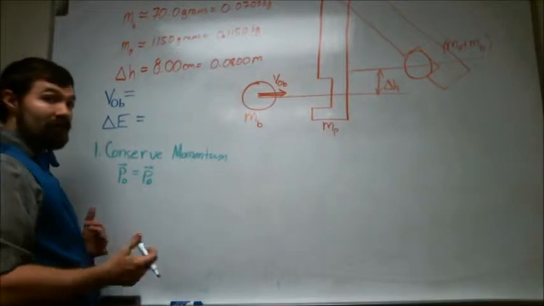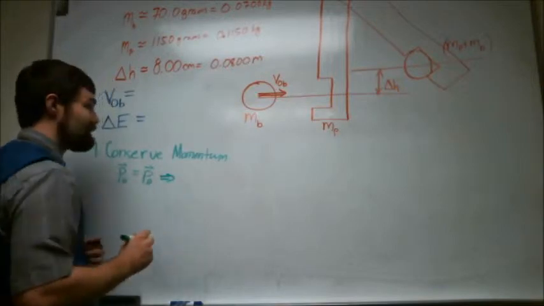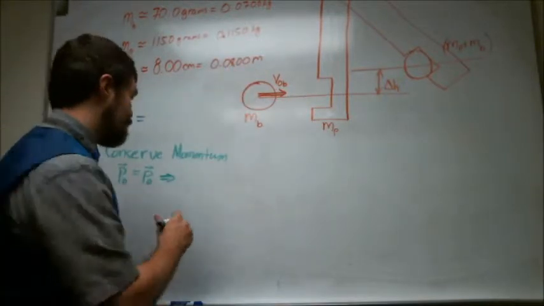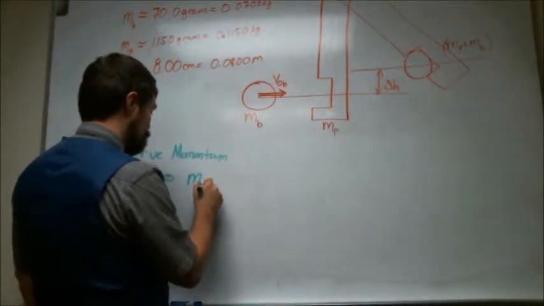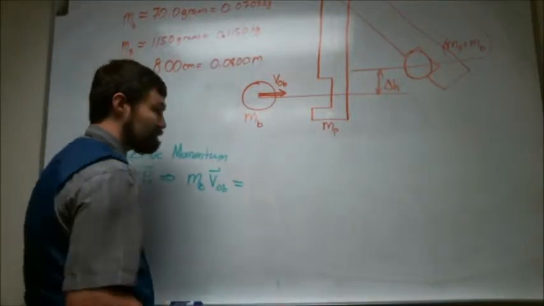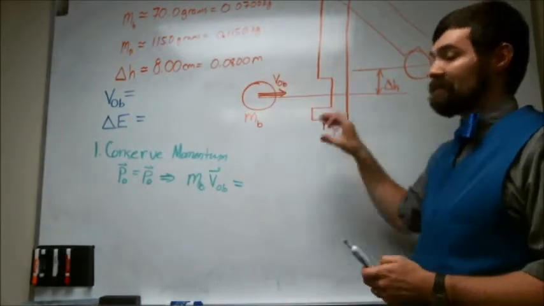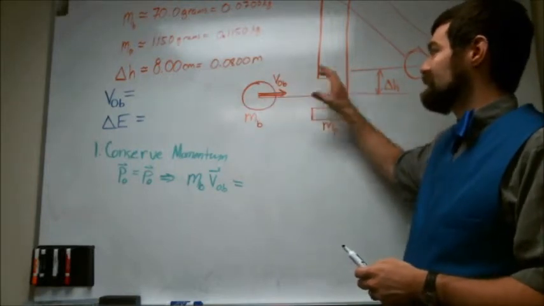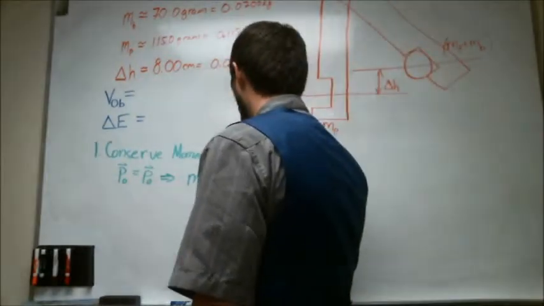So the mass of the bullet times the initial velocity of the bullet, which is the initial momentum of this system, has to be equal to the total mass of the ball and the pendulum together, because they're stuck together, times whatever velocity they start off with right after the collision.